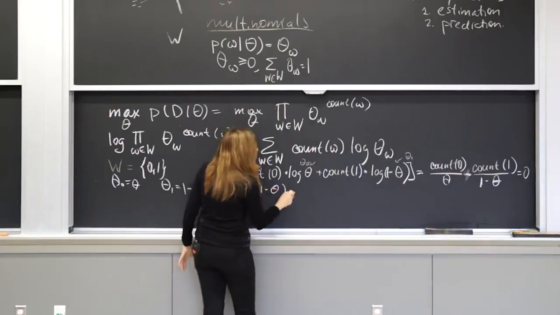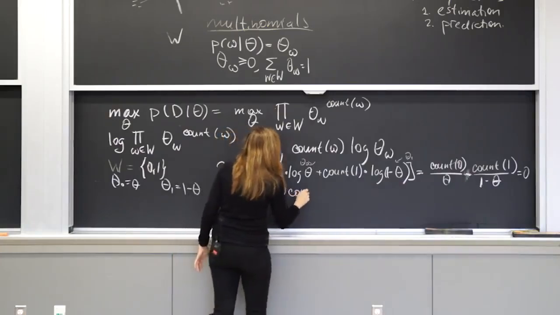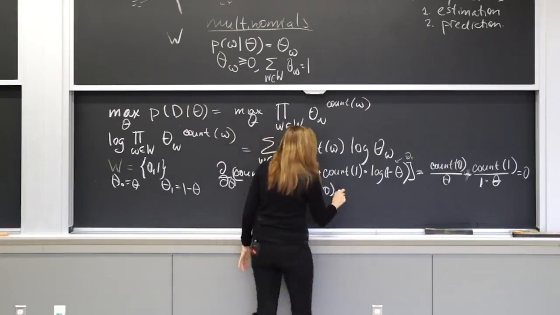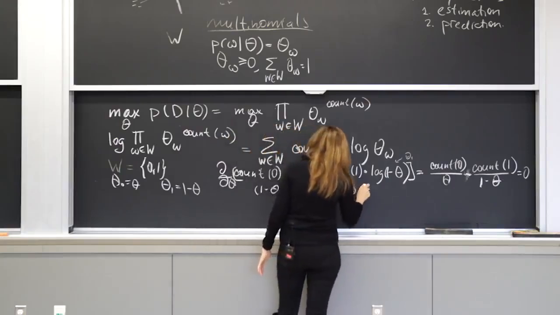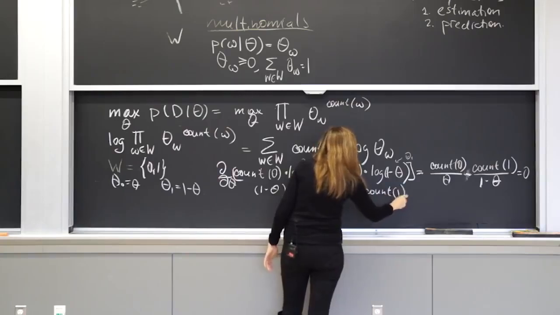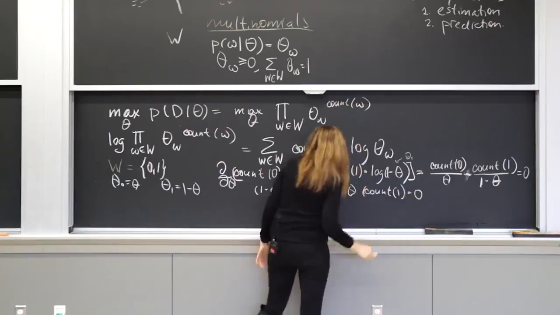1 minus theta count 0 minus theta count 1 equals 0.